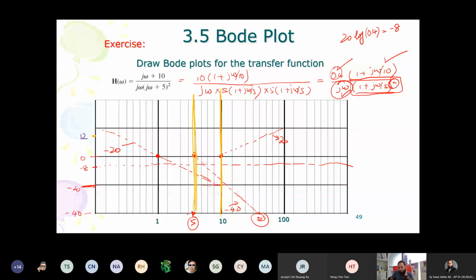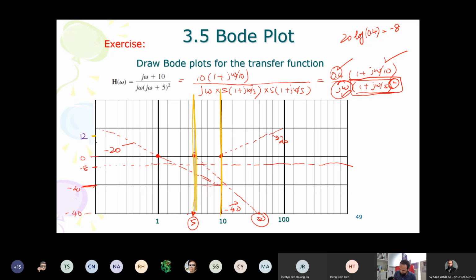Twelve comes from 20 minus 8. So starting from 12, we'll come down with a slope of 20 dB per decade because it's a pole.